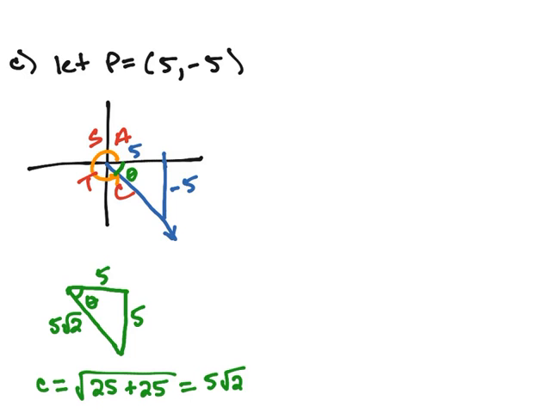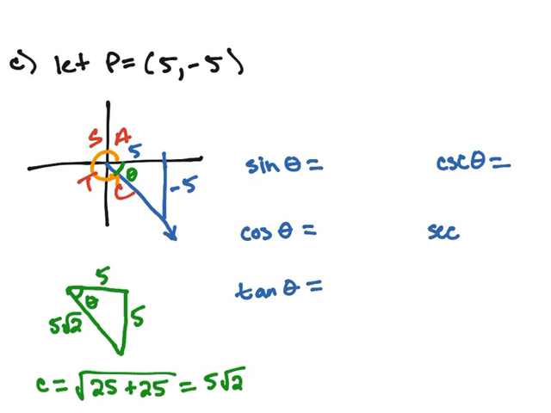So our 6 trig functions: sine theta, cosine theta, tangent theta, cosecant goes with sine, secant with cosine, and cotangent with tangent. All right, so sine, opposite over hypotenuse.